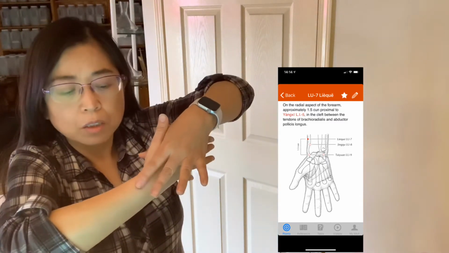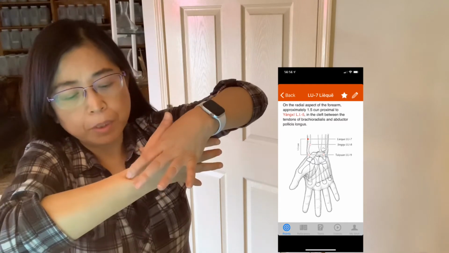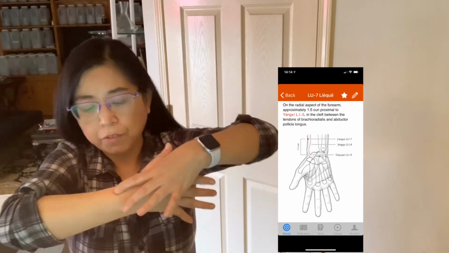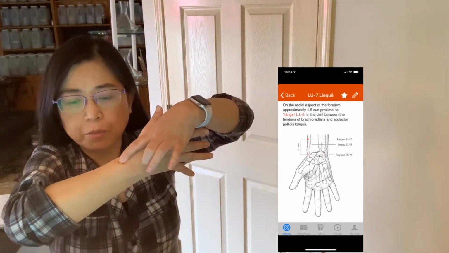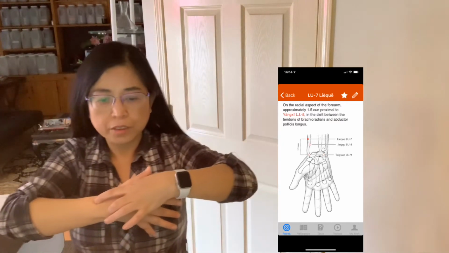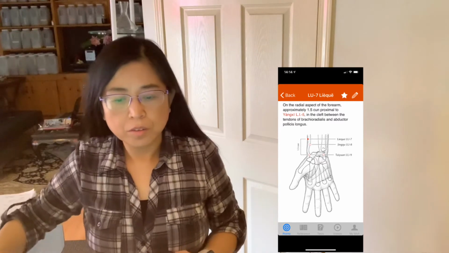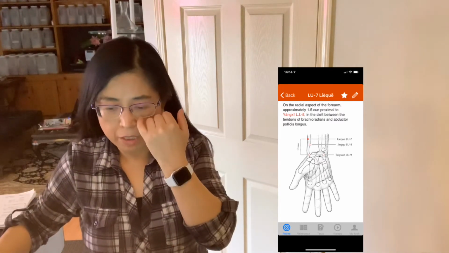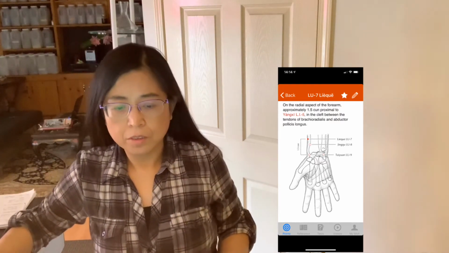It's in the depression very next to the styloid process of the radius. It's very good for any kind of neck pain and headache.